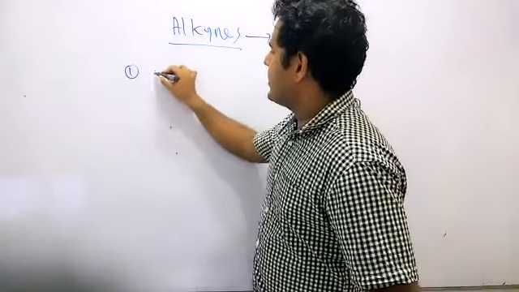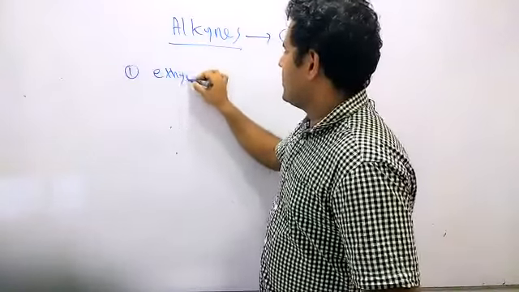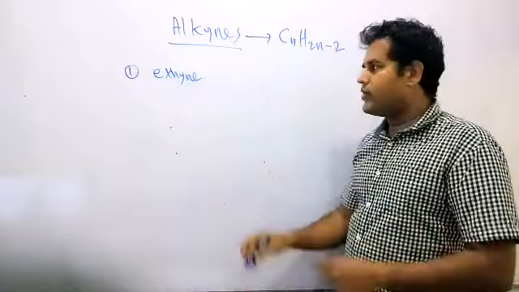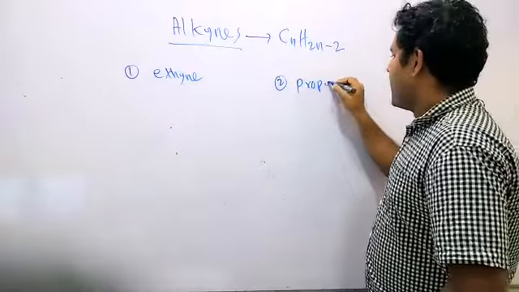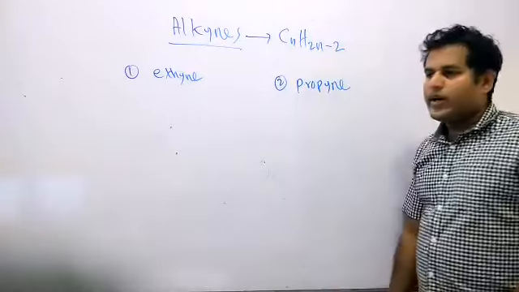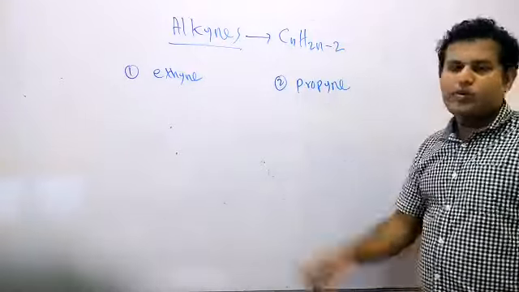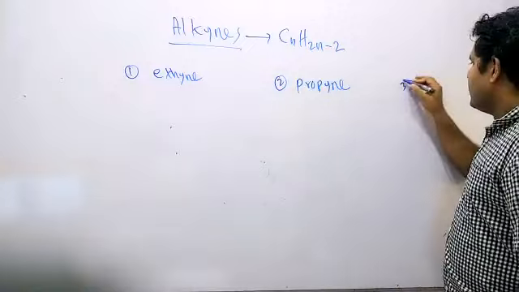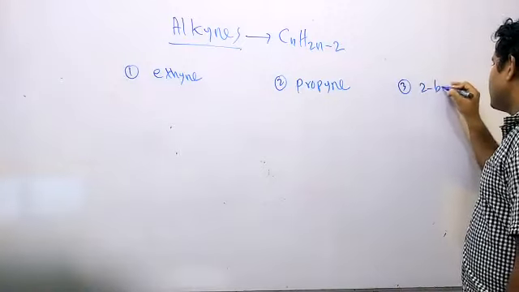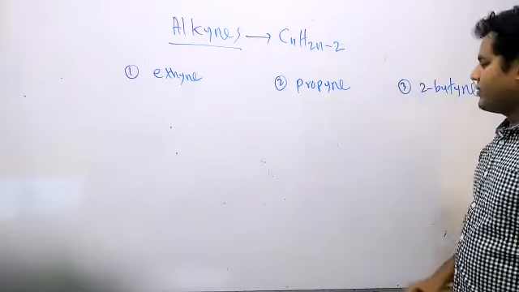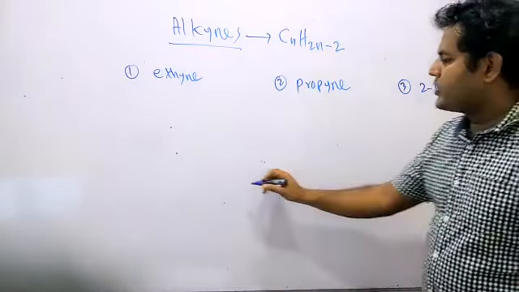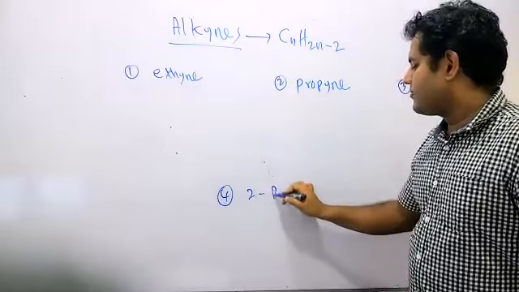Number 1, ethyne. Now I think you can draw this very simply because we have done the exercise. Propyne: you can mention it as 1-propyne or propyne. And then 2-butyne, and other structures like 2-pentyne.